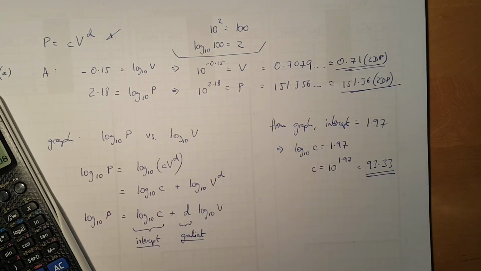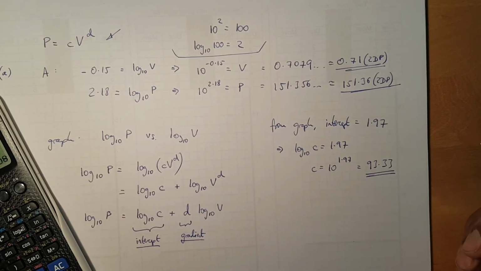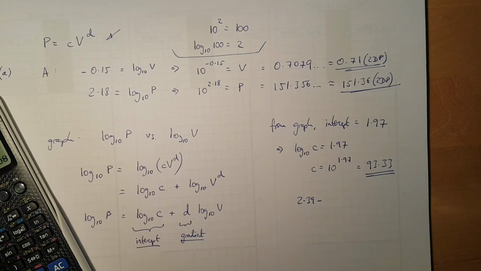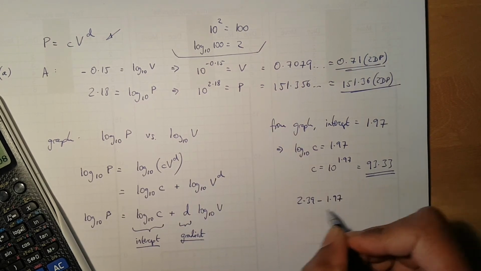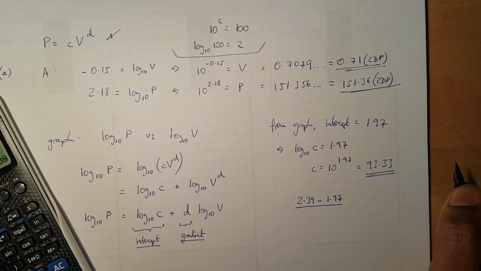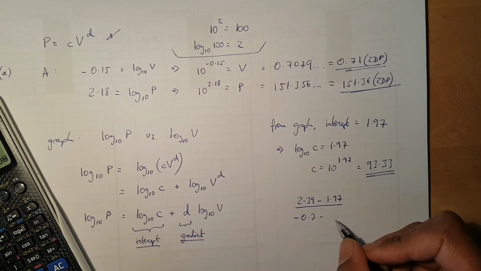And then to find d, that is going to be the gradient. So let's pick some points to calculate a gradient from. We should pick the largest and smallest points I can. The gradient is going to be the change in height value, so that's between 2.39 or so down to 1.97, and that's going to go over between negative 0.3 and 0.